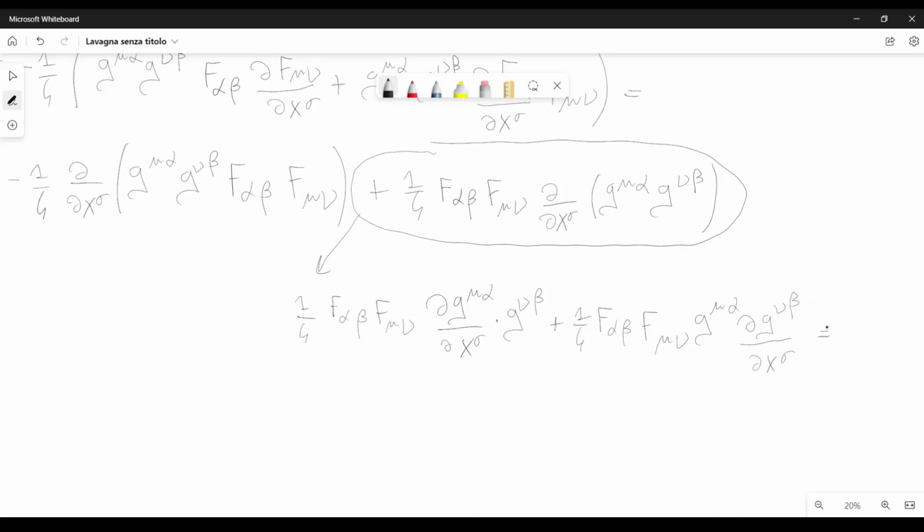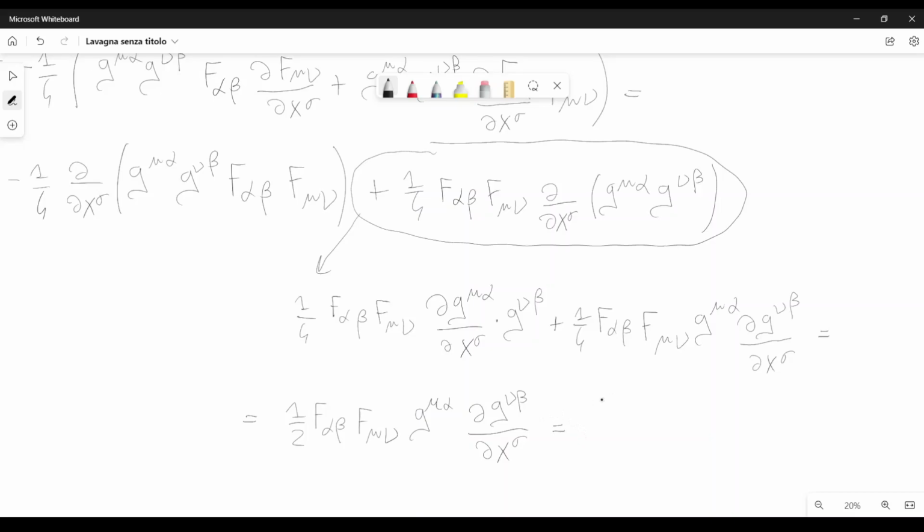And this is equal to, for reasons of symmetry, 1/2 F alpha beta, F mu nu, G mu alpha, derivative of G nu beta with respect to x sigma. So let me try to write this index mu a little bit more properly. Maybe it's more clear like this, but I hope you understand my handwriting.